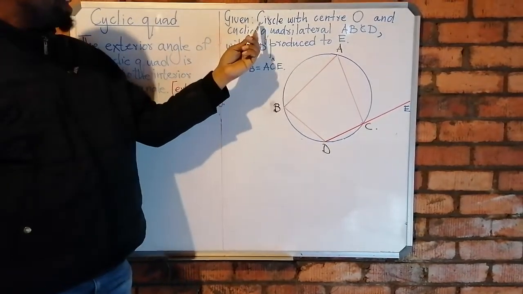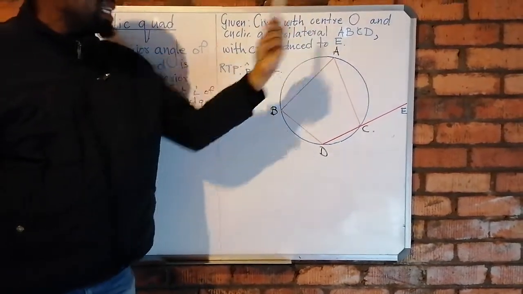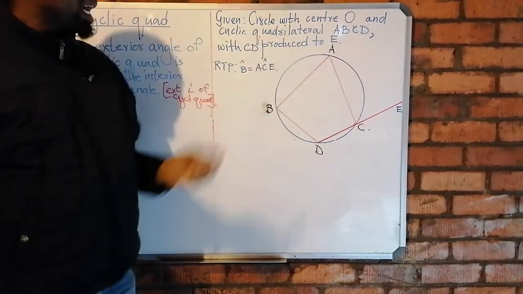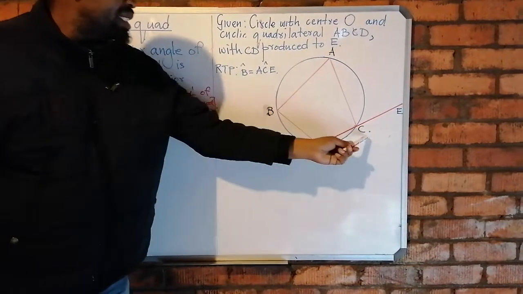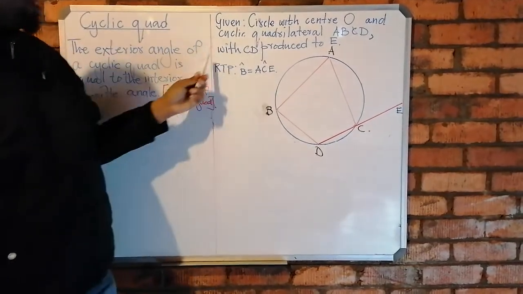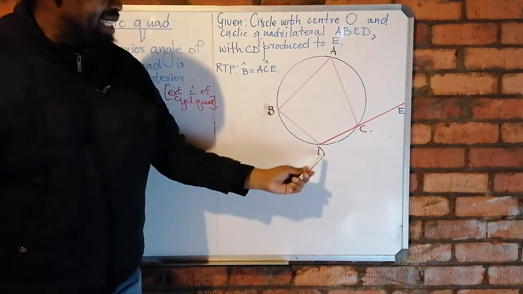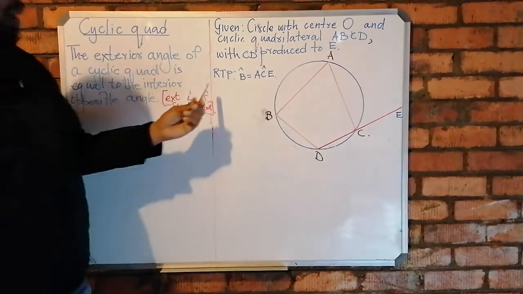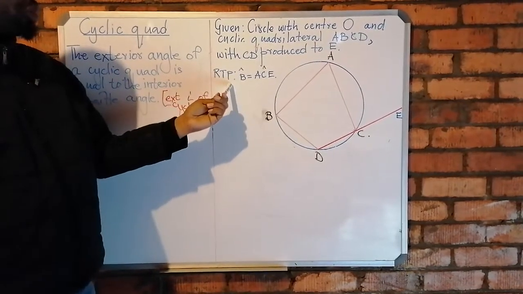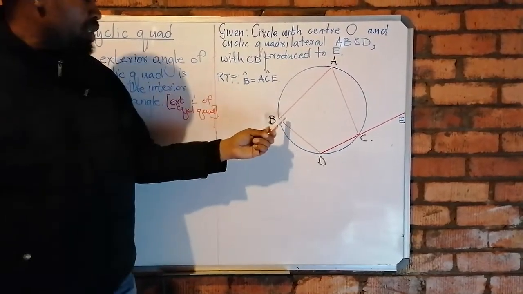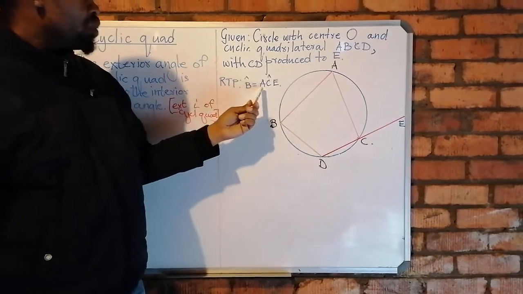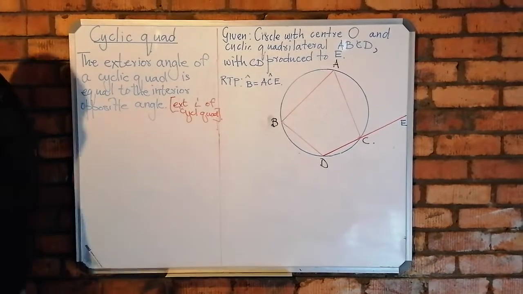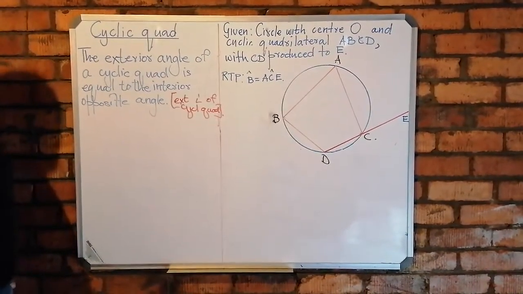You shall be given a circle with center O and cyclic quadrilateral ABCD with CD produced to E. And now you are required to prove that angle B, which is this angle, is equal to that angle, which is the exterior opposite angle.